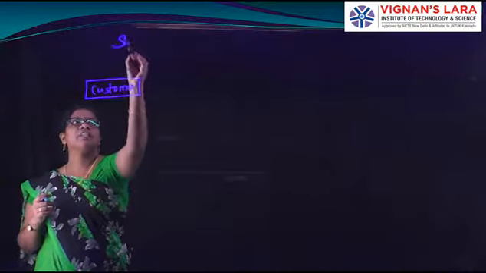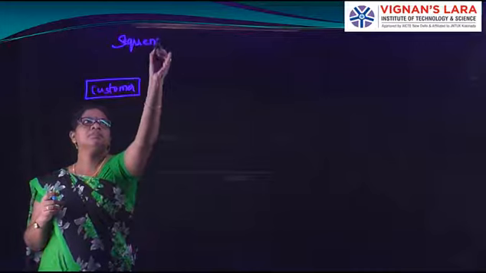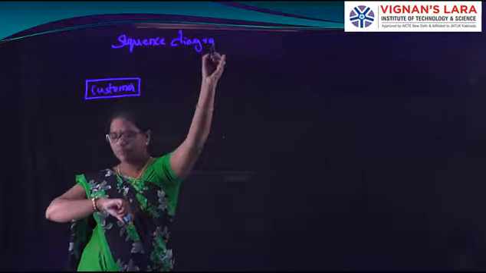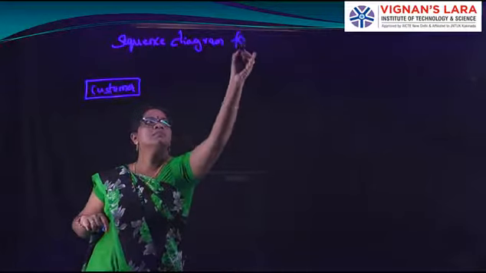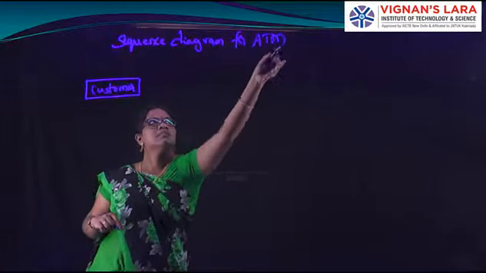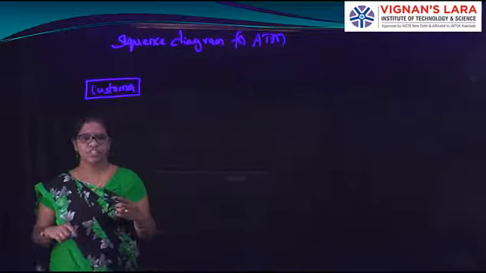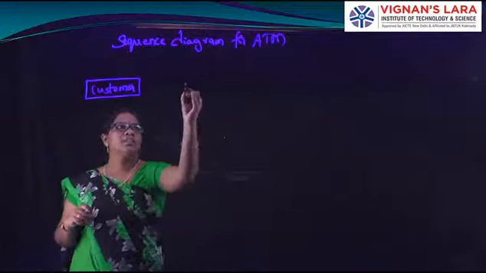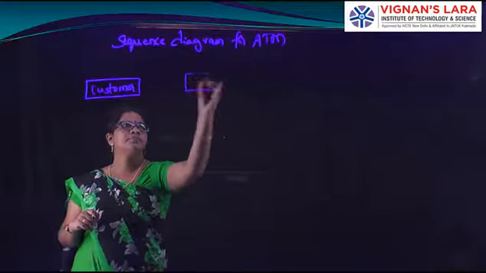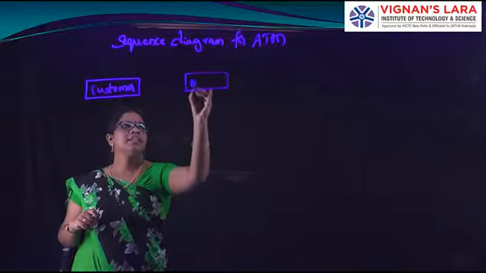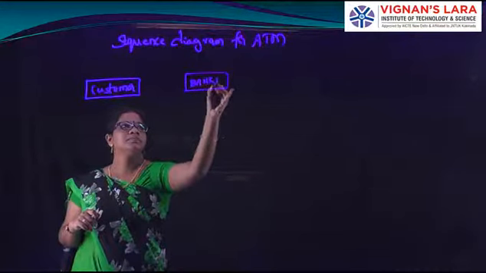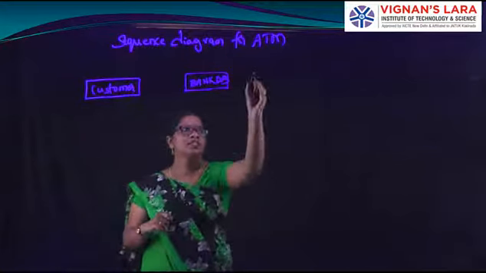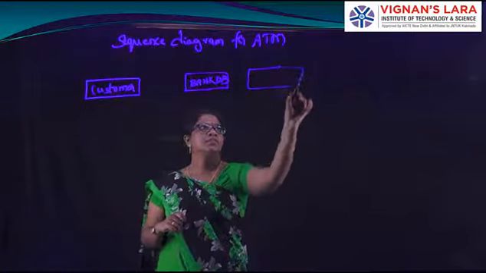Sequence diagram for ATM. Previously we have seen the sequence diagram for the SafeHome security. Next it has to go for the bank database, DB, and next you give the ATM.